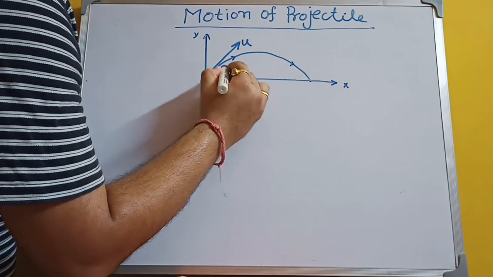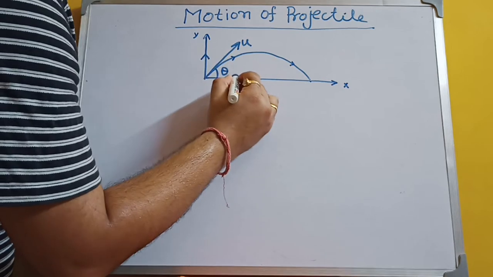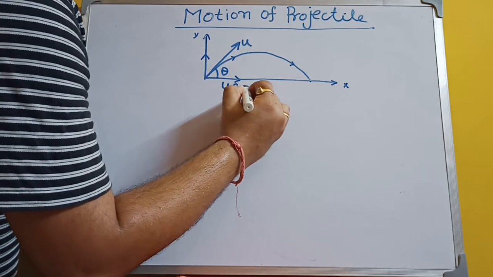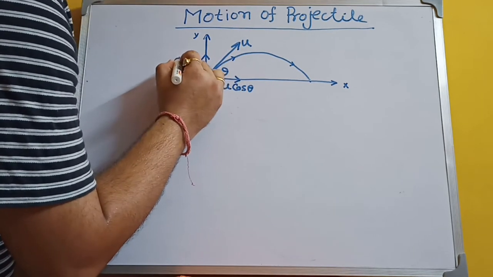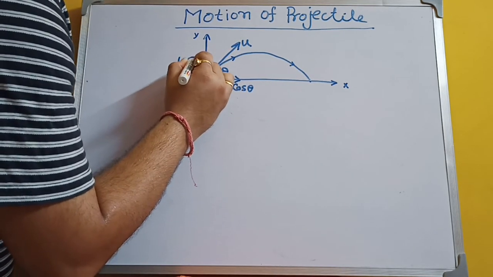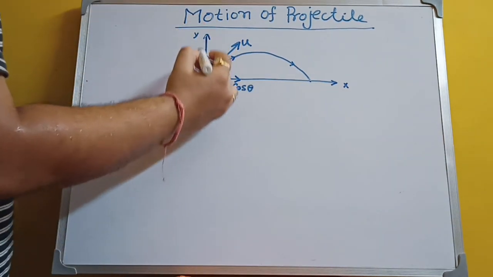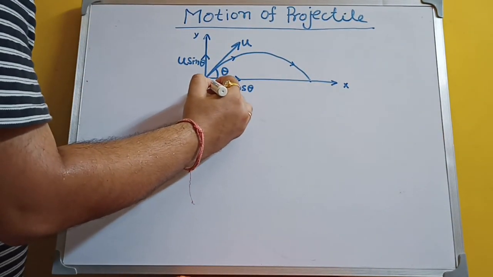Angle is theta. U has two components: u cos theta is the horizontal component, and the vertical component is u sin theta. This is the projectile motion where we throw an object.